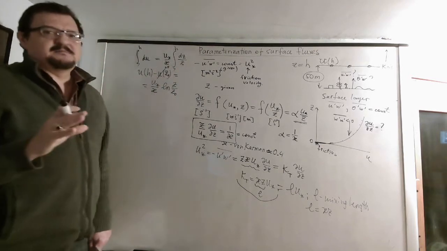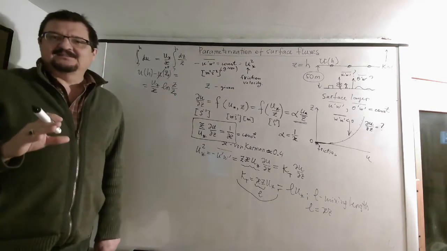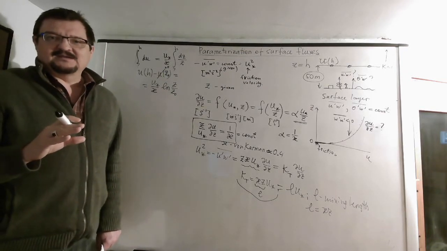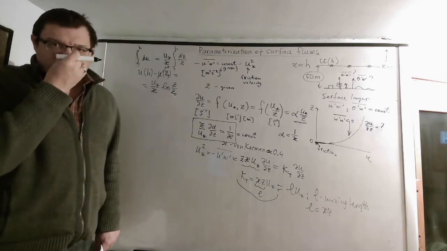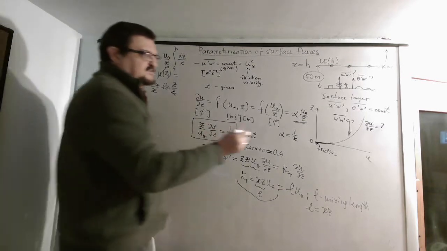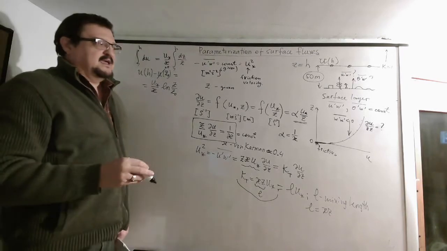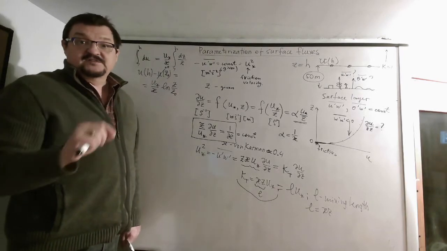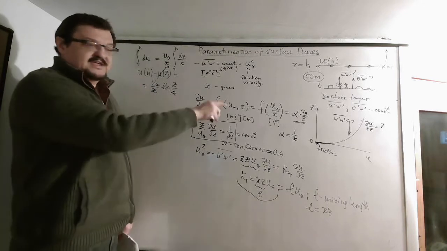So z naught is some hypothetical height where velocity becomes zero, but it's not the actual height where velocity gets to zero, because that happens very close to the surface where all our assumptions break down, and there is molecular viscosity and characteristics of roughness that this theory cannot account for.